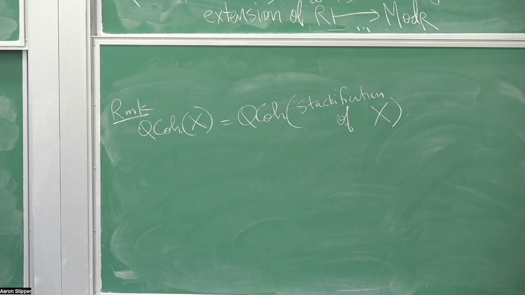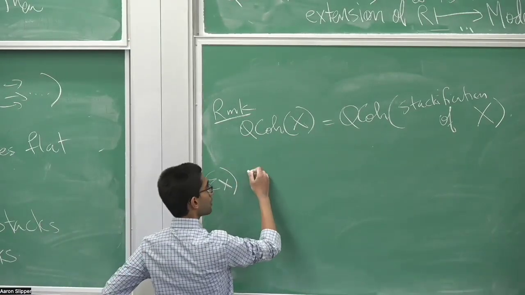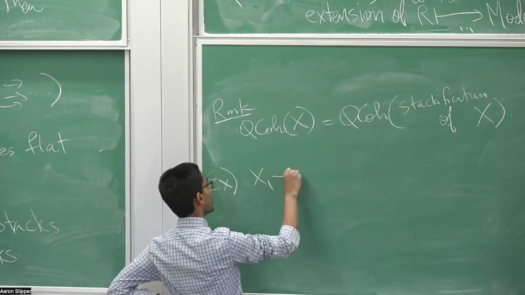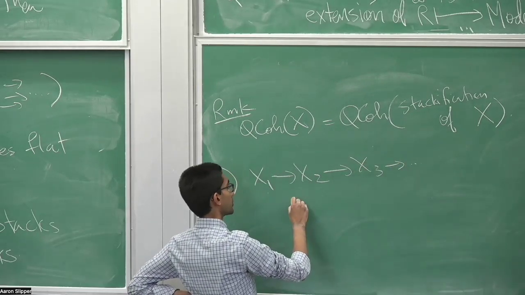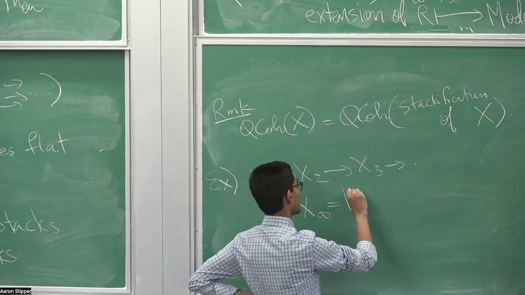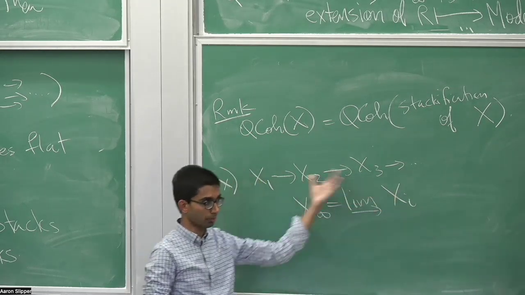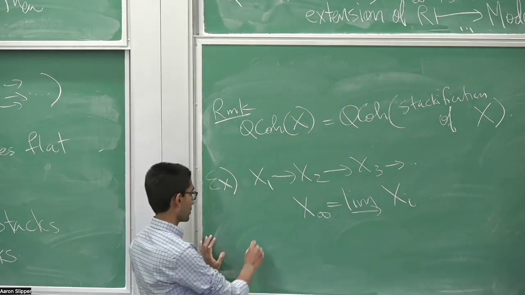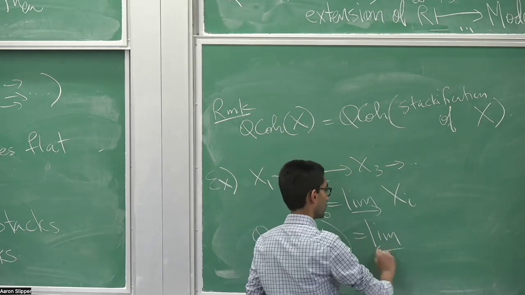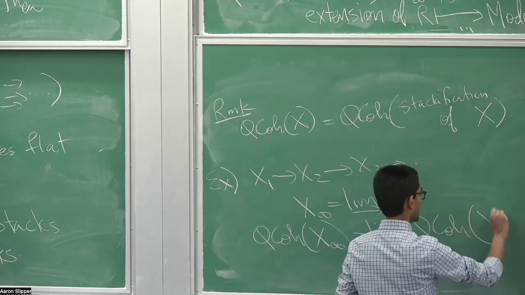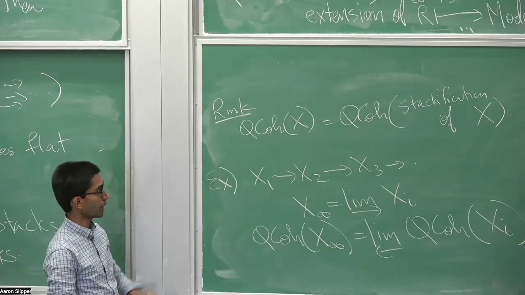This would give us the notion of QCoh on an ind-scheme. So for example, if you have an ind-scheme given by a filtered diagram of schemes X1, X2, X3, and you take the colimit X infinity of the X_i, then this is an ind-scheme. Then QCoh of X infinity is the inverse limit of QCoh of the X_i, basically by construction of QCoh.